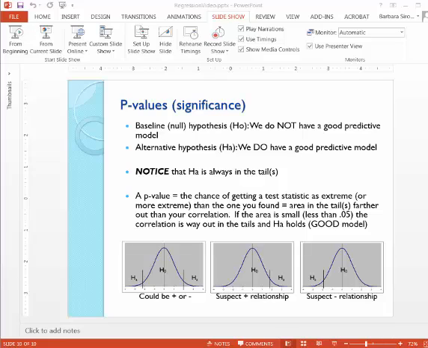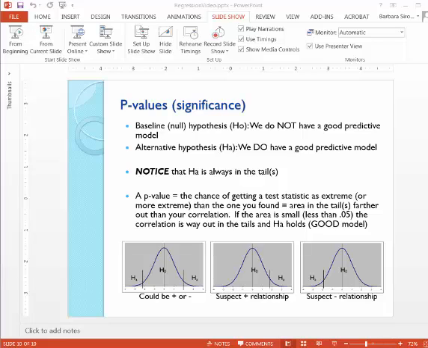So you may recall from your beginning statistics class that we have something called hypothesis testing, which is a way of making decisions. We have a baseline or null hypothesis that we come in with, and the notation people use is H0. In this case, the null hypothesis is we do not have a good predictive model.